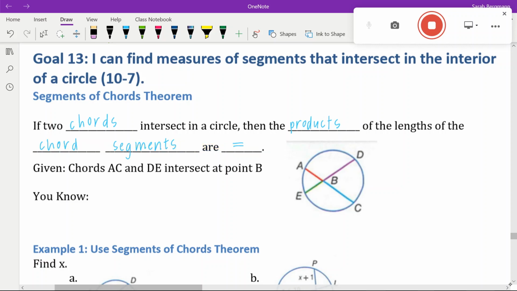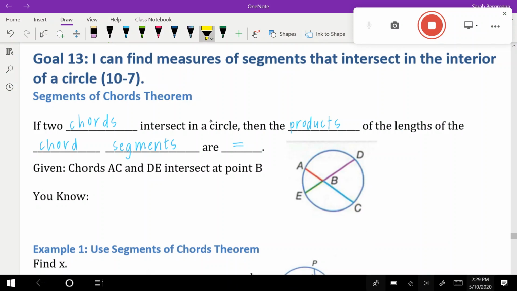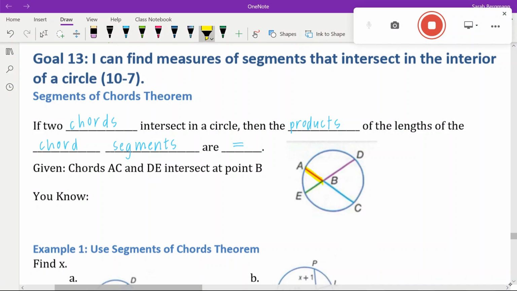For example, if we had this circle shown here, point B is not the center of the circle. Chords AC and ED intersect at point B. Here's what we will know about these. The two chord segments of chord AC are segment AB and segment BC.